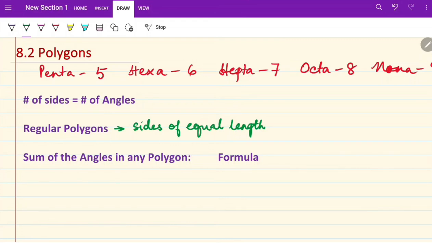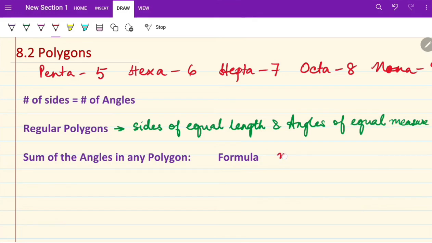So sides are of equal length and angles are of equal measure. That's what makes a polygon a regular polygon. We can have irregular polygons, but they will not have all sides equal to each other, nor will the angles be of equal measure.